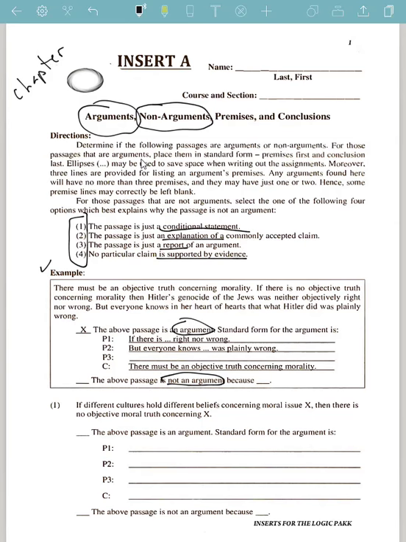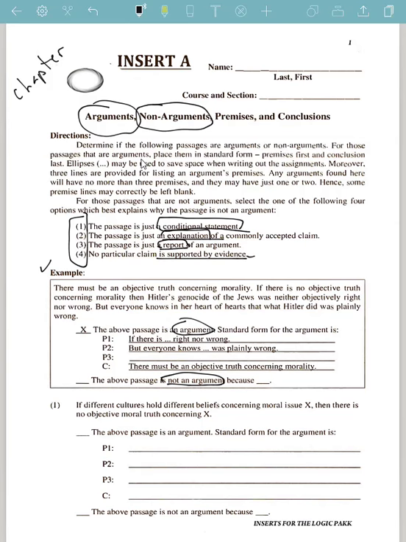Our book does talk about conditional statements, about explanations, and I think it does talk about reports. And of course, if there's no actual inference being made, then it is a non-argument.